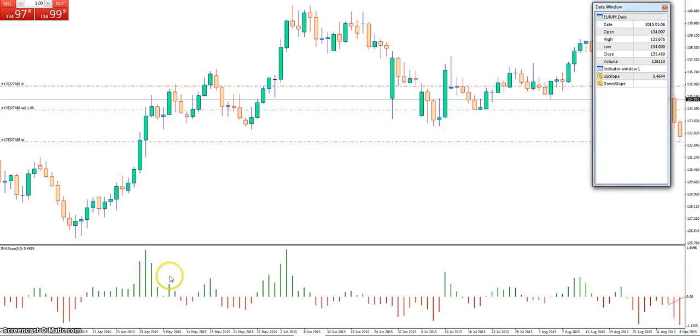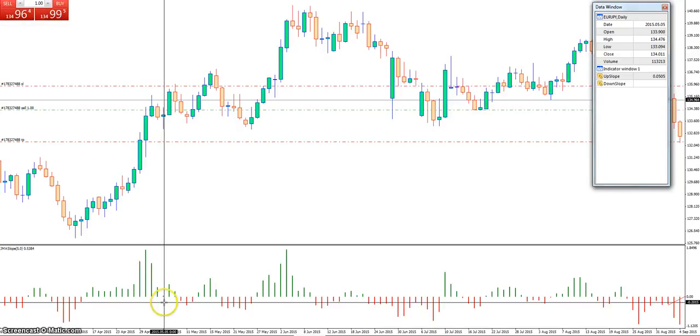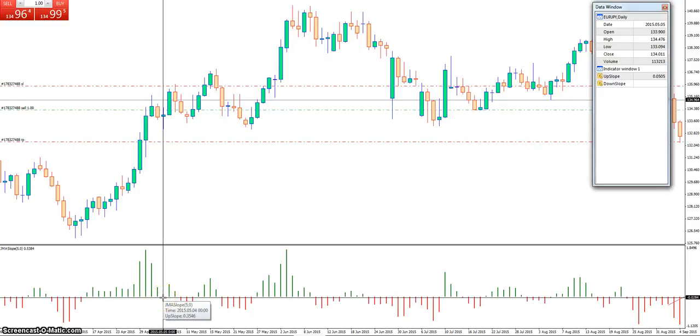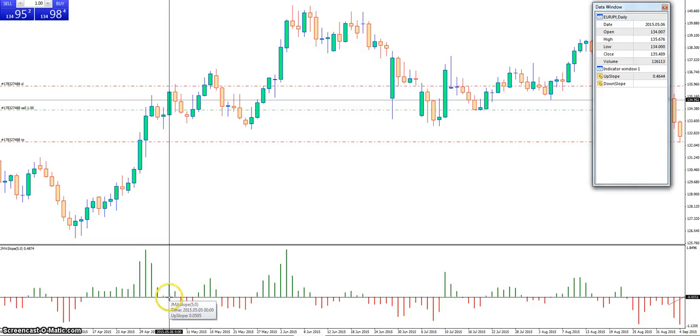Okay, here we have a very classic example of another divergence involving the valleys. This is a chart of Euro JPY, Euro and Japanese yen, and we have to focus on this bar. On this bar particularly, we see the JMA slope value here is 0.3546, which is below the previous value as well as below the next value.